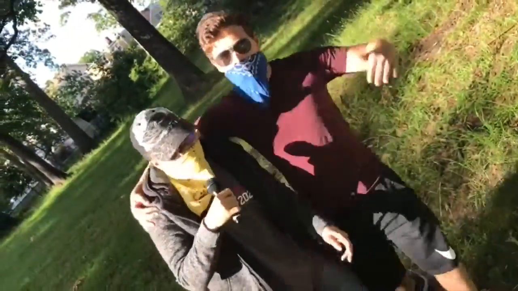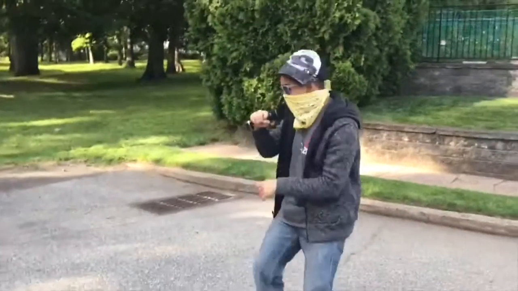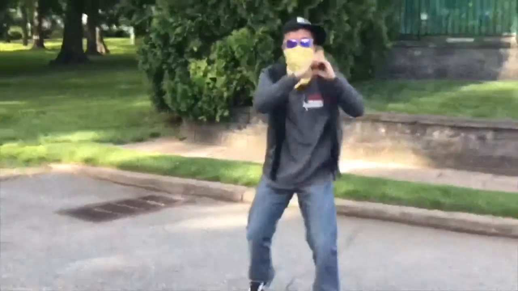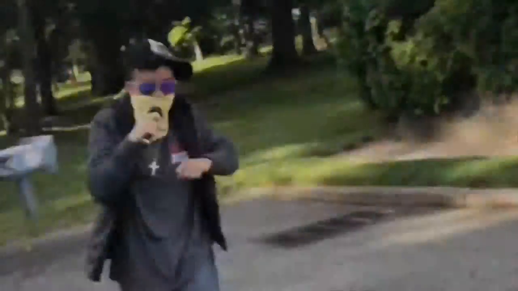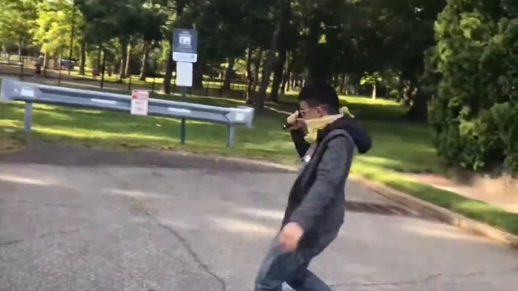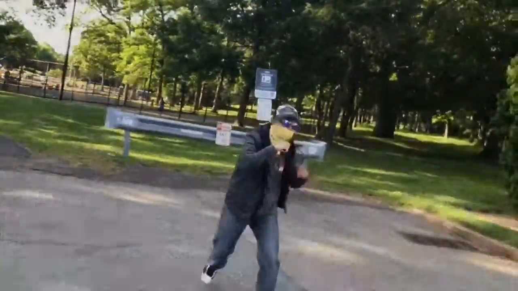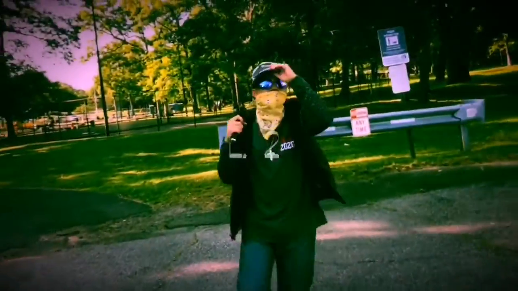Now there's growth and decay. If y is a differentiable function of t, such that dP/dt equals kP(L minus P), then P equals L divided by 1 plus C e raised to the negative LKt, and the limit of P of t as t approaches infinity equals L, the carrying capacity. dP/dt is at its max, which means the rate of growth or decay is increasing or decreasing the fastest, where the function reaches half its carrying capacity, which can be written as L over 2.